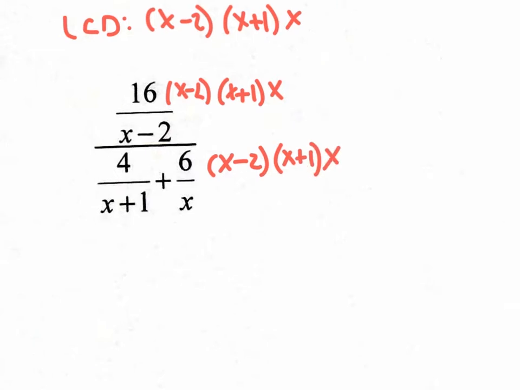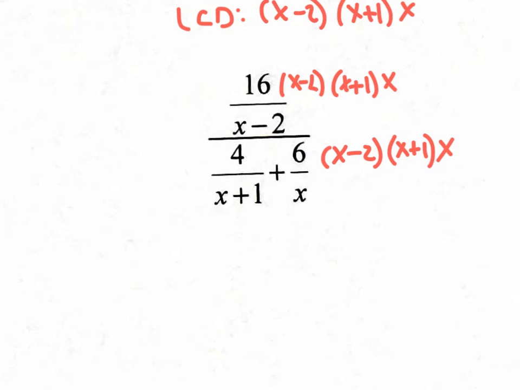And we're also going to do that to this side down here. x minus 2, x plus 1. Since I ran out of space, let me put the x over here.